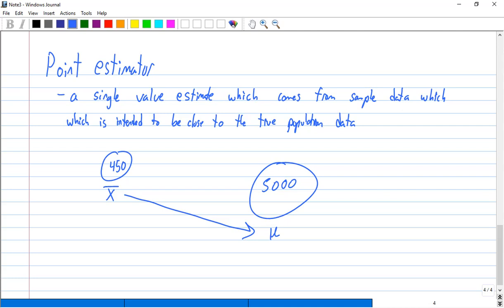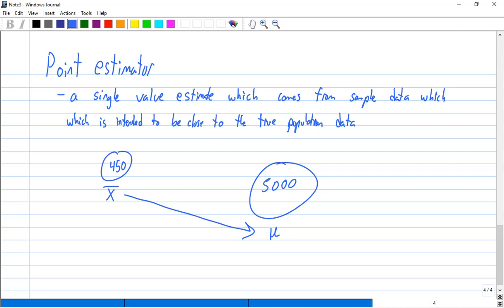Okay? And sometimes we need good point estimators to estimate something that's close to the true statistical value of the overall population. I don't know if that makes sense, but that's what a point estimator is. It is a single value estimate calculated from sample data, and we want it to be close to the true population value.